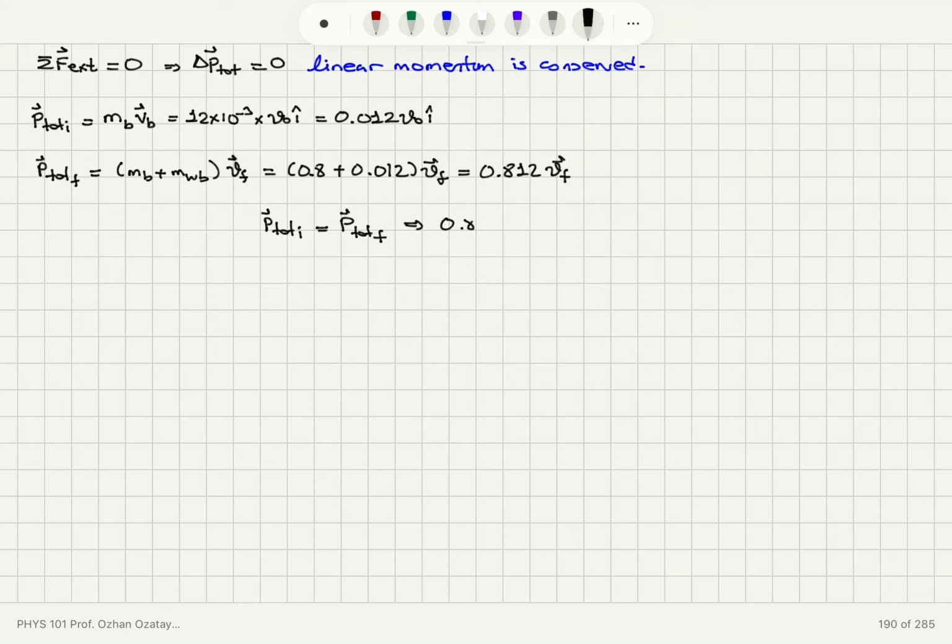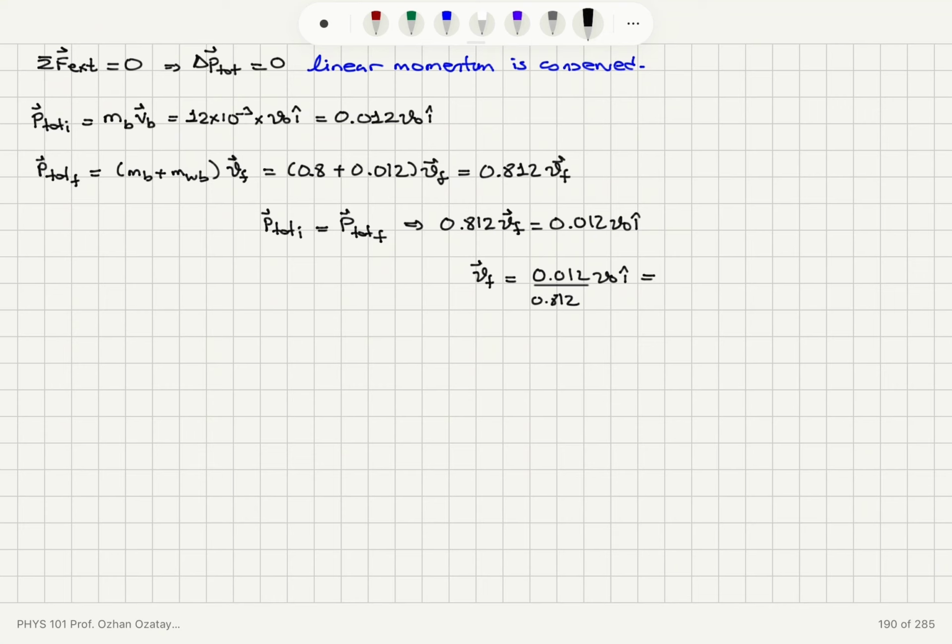So 0.812 v final is equal to 0.012 v0 i hat. Therefore, we find that v final is equal to 0.012 divided by 0.812 times v0 i hat.